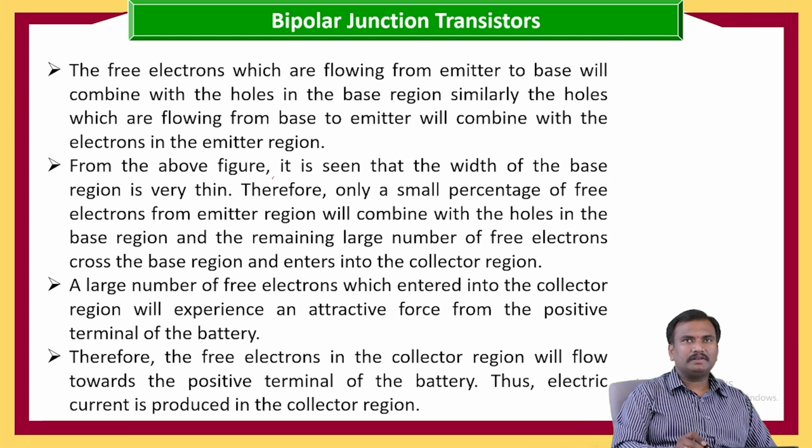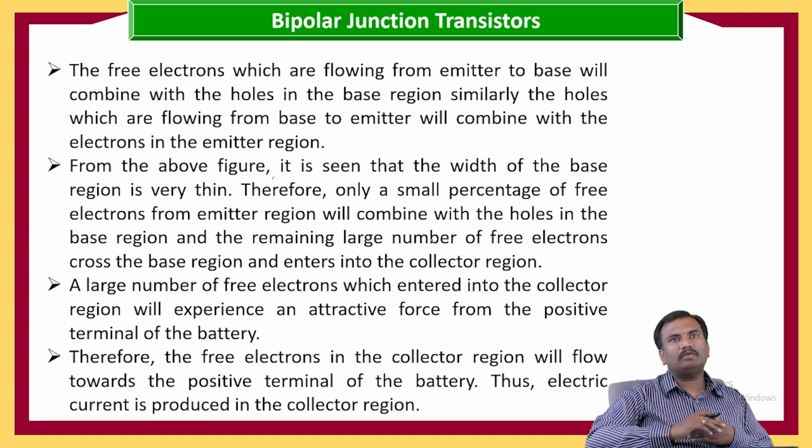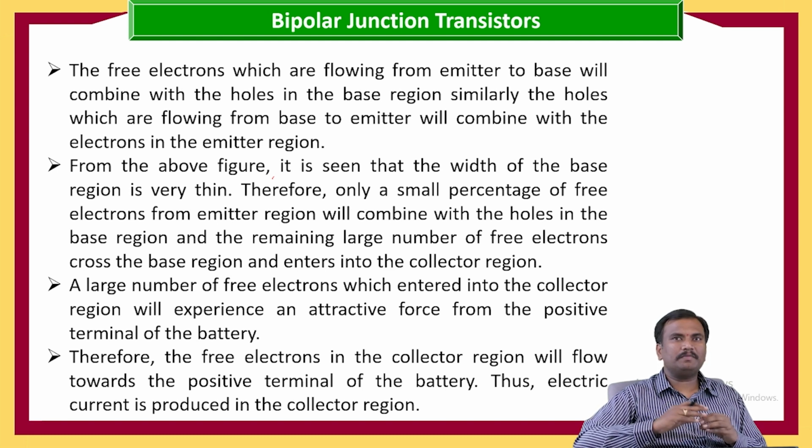With this, a small percentage of electrons from the emitter junction recombine with the holes in the base region, and the remaining large number of electrons cross the base region and enter into the collector region.